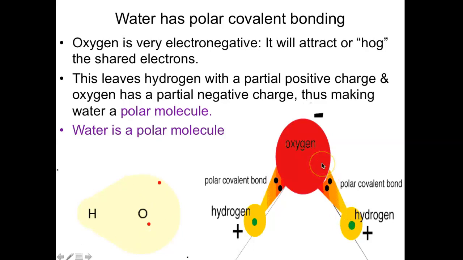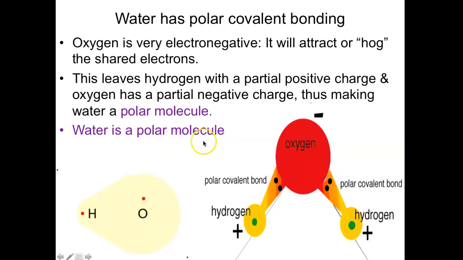Now, this molecule of water is said to be polar because anytime you have a charge difference, negative here, positive here, due to the fact that you have a polar covalent bond, this makes the entire molecule polar. So we say water is a polar molecule.